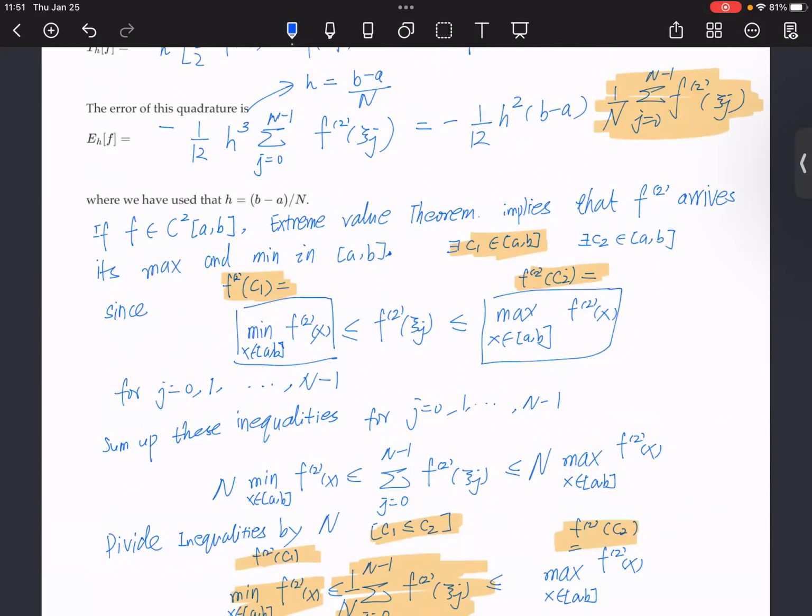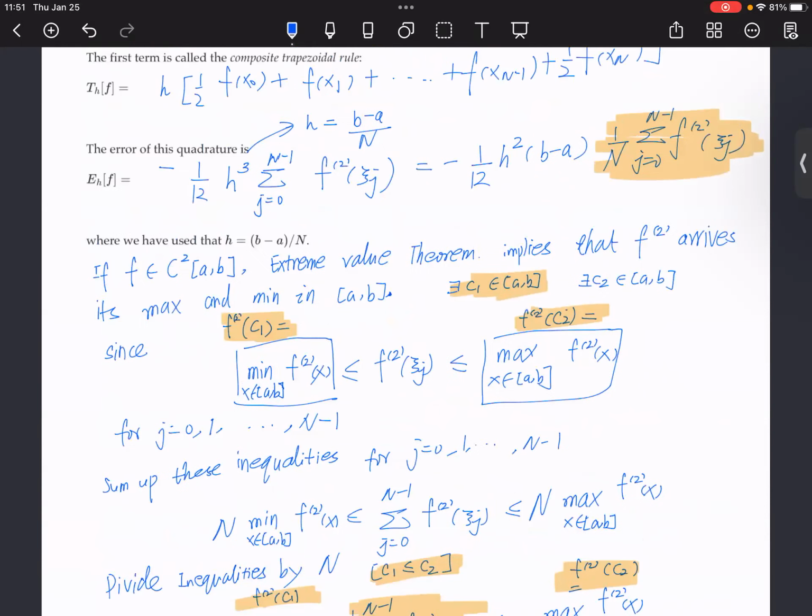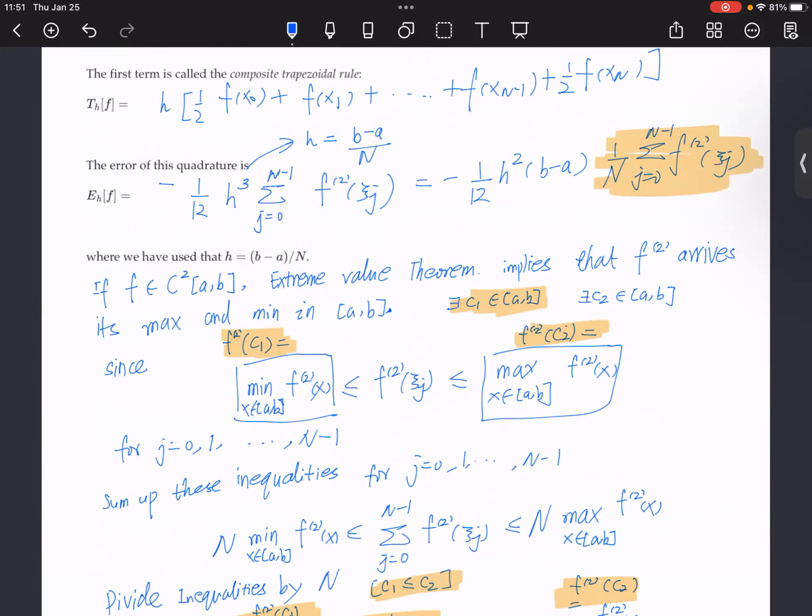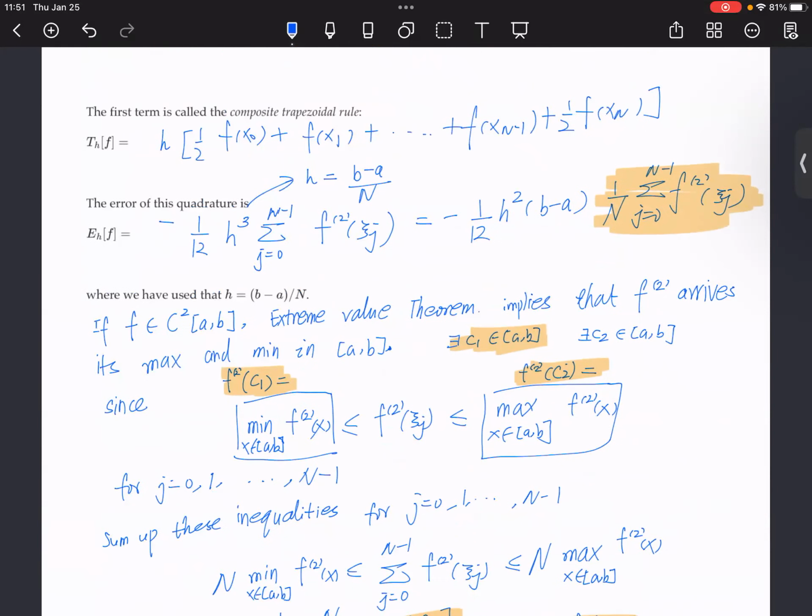At the very top, we replace one H with B minus A divided by N, so that we can create this. If you take a look here, it's just the average for the terms here. Okay, gotcha. Never mind. So this is the analysis.